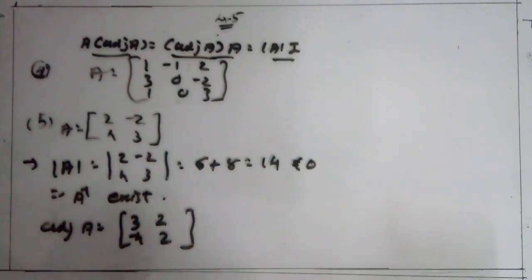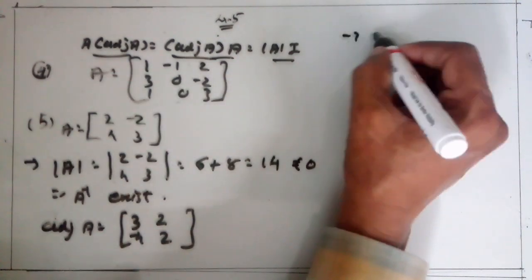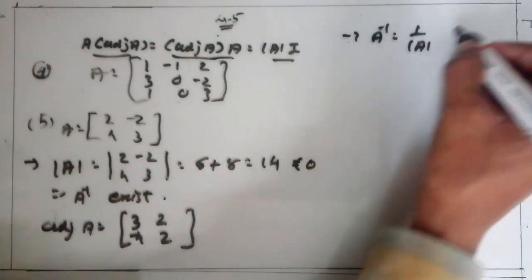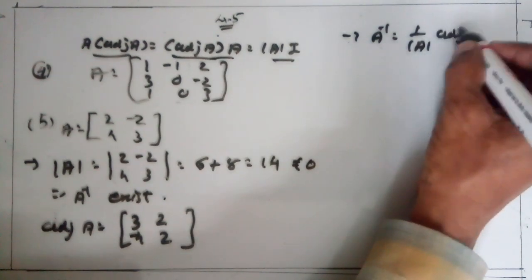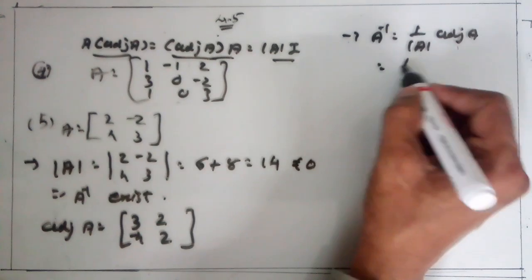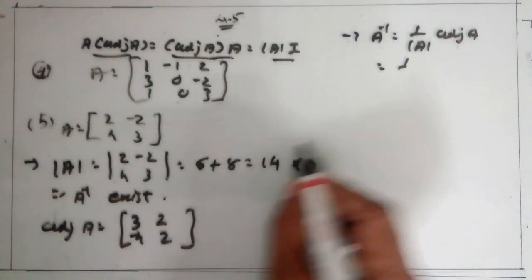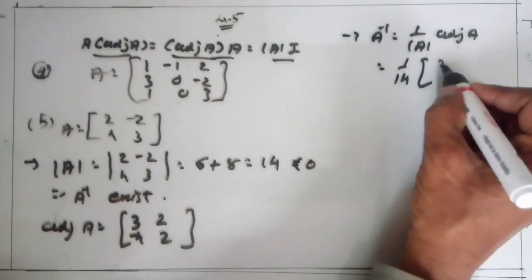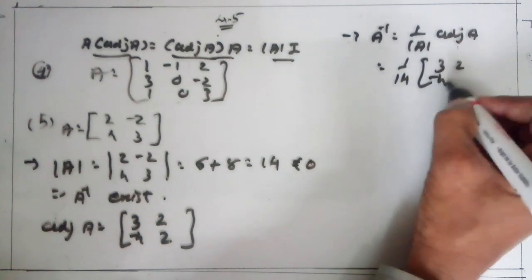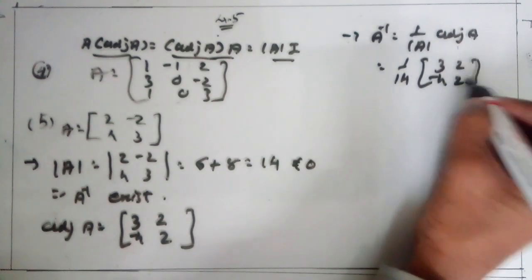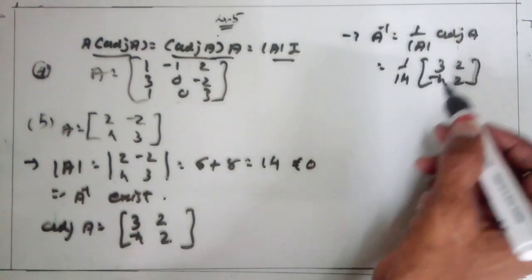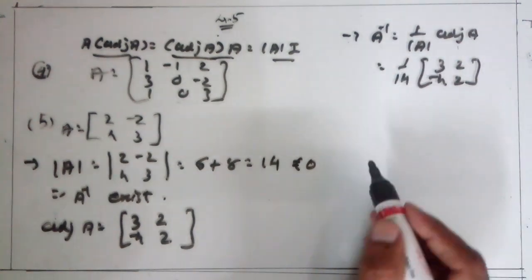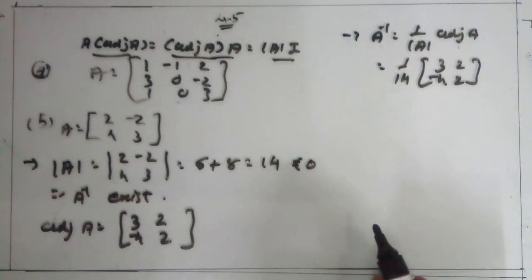Now we know that A inverse is equal to 1 upon determinant of A into adjoint of A. So 1 upon determinant of A is equal to 1 upon 14. Adjoint of A is equal to 3, 2, minus 4, 2. Clear? Take 1 by 14 inside or write the same. This becomes A inverse. Is it clear?